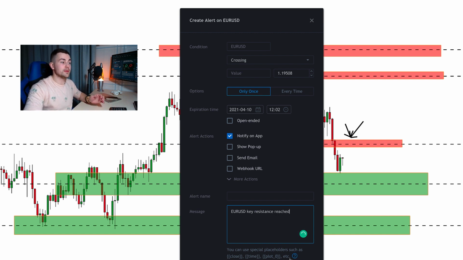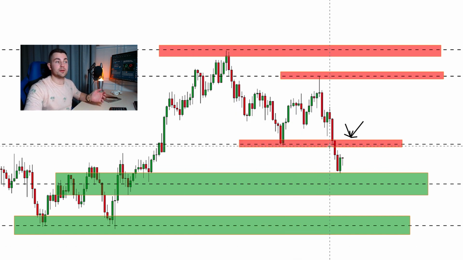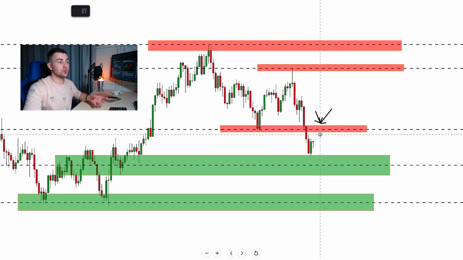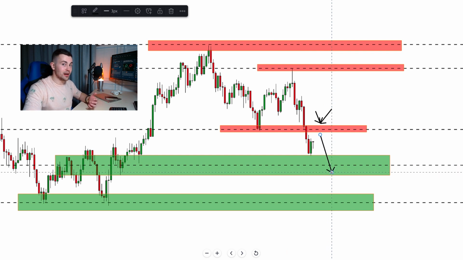And once this resistance is retested, once the market reaches that resistance, I will get the notification and then I will look for the confirmation to short, yes. And in case the market just goes lower, in case it goes within that zone, again, I will look for the intraday confirmation to buy the market, expecting a pullback from that area.